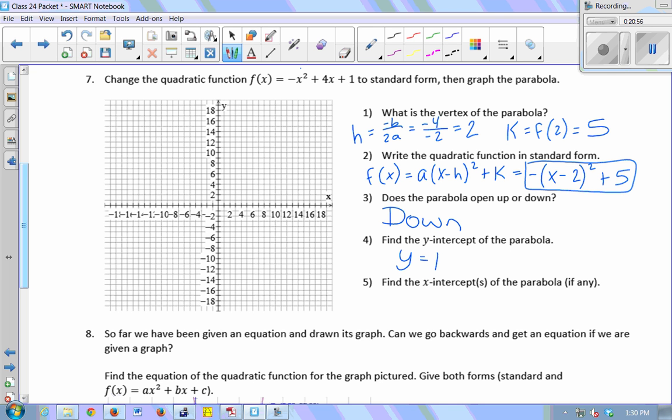And then x-intercepts, plug in 0 for y. So I get 0 equals negative x minus 2 squared plus 5. Subtract 5 from both sides, the same procedure as before, and I get 5 equals x minus 2 squared, which means that x equals plus or minus radical 5 plus 2.